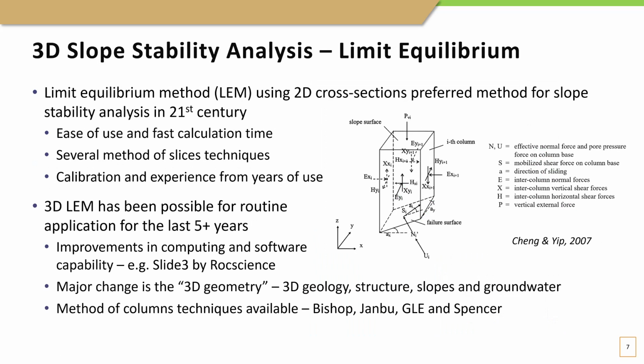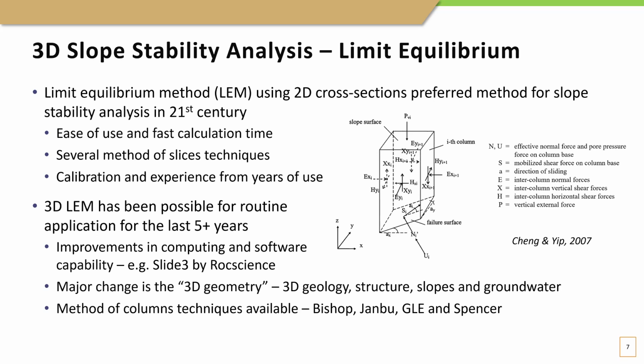Two-dimensional limit equilibrium analysis using cross-sections has been the most popular slope stability analysis method in the last 20 years, mainly due to its ease of use and fast calculation time. There are several well-known and understood method of slices techniques, and calibration and experience from years of use is available amongst most practitioners.